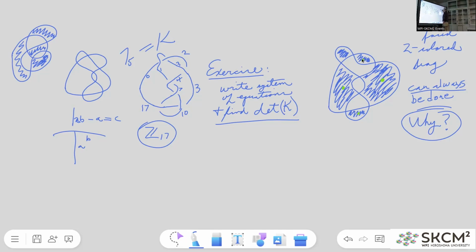And then I'm going to put an edge for a graph if two regions are meeting along a vertex. And I get a graph.